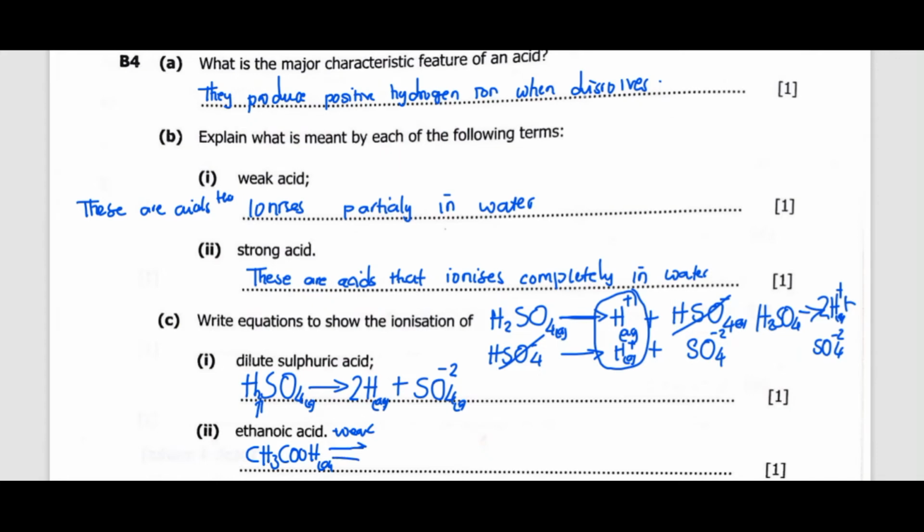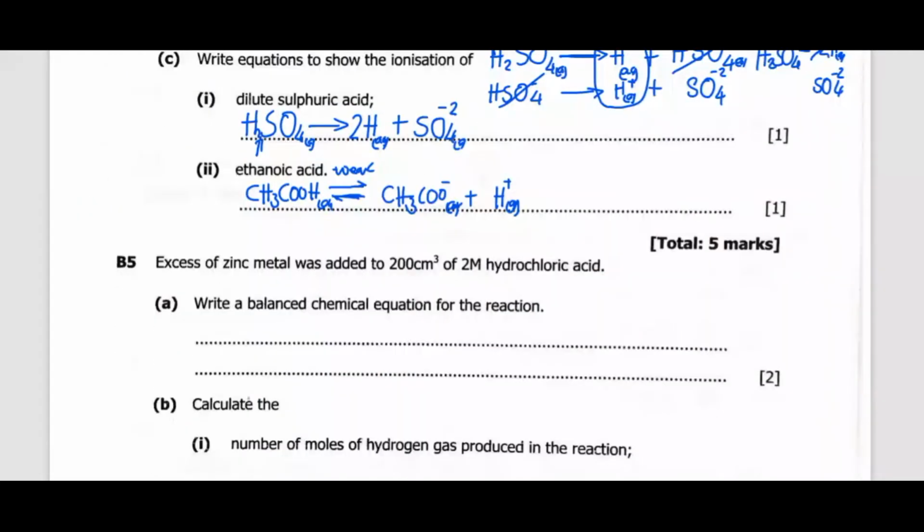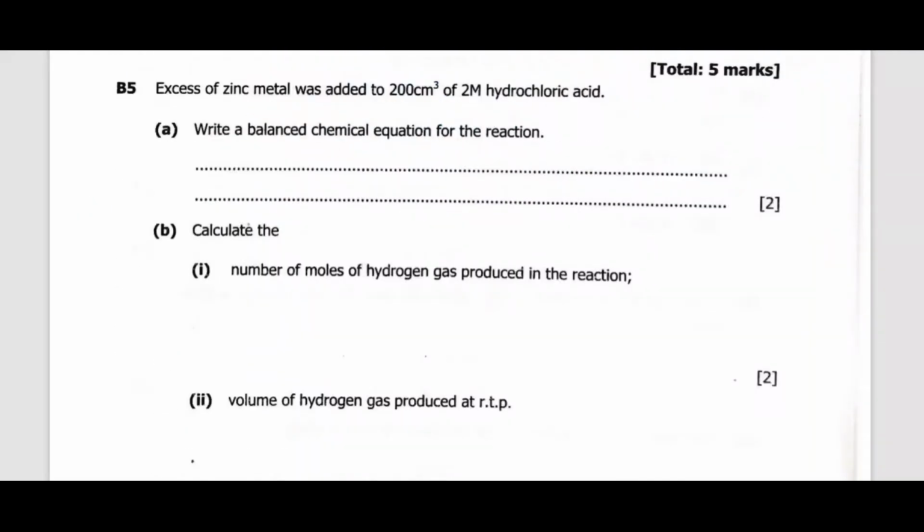These are reversible, since we are saying only partially or part of it will ionize. So, here we are going to have CH3COO, then from the COO, you indicate the minus sign, then plus the hydrogen. You can begin with hydrogen or not. So this is how you can ionize. So we can now move on to question 5.